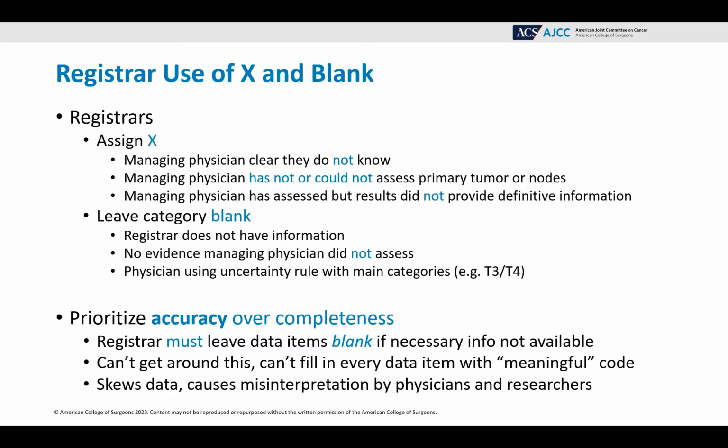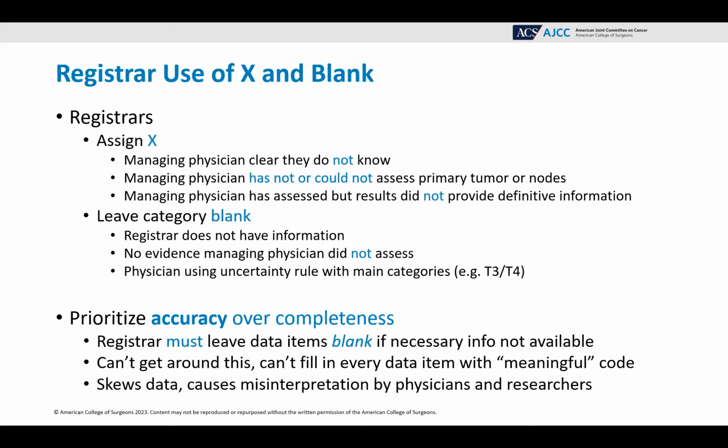Now, registrars should leave the category blank when registrars do not have the information. There is no evidence the managing physician did not assess the patient, or the physicians were using uncertainty rules with main categories.